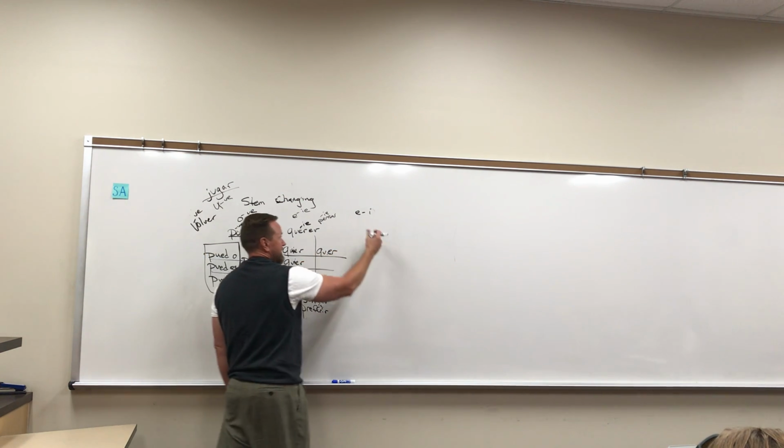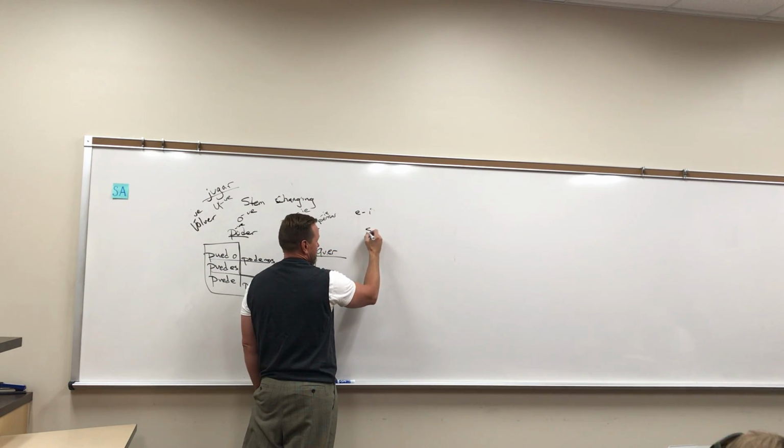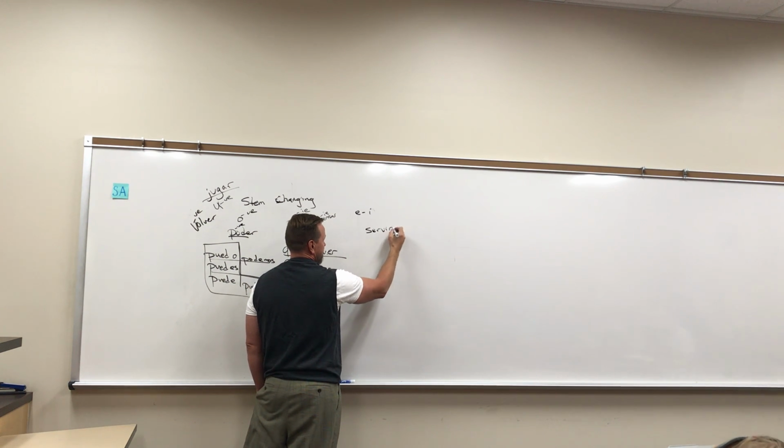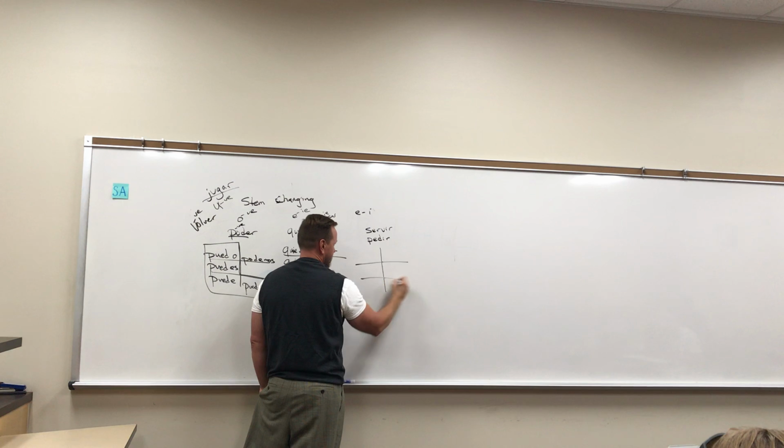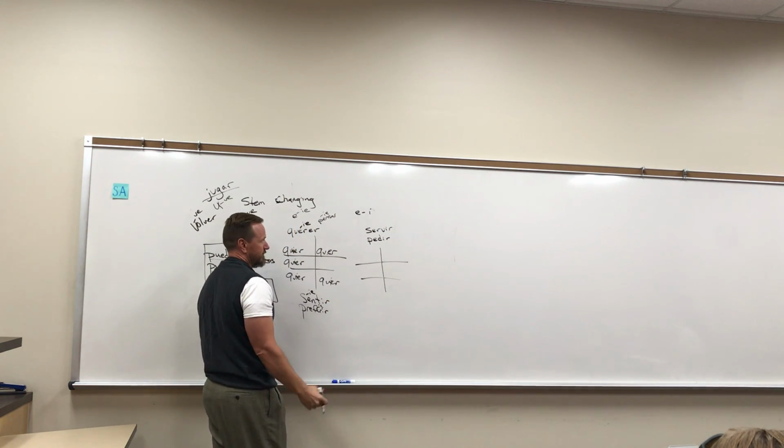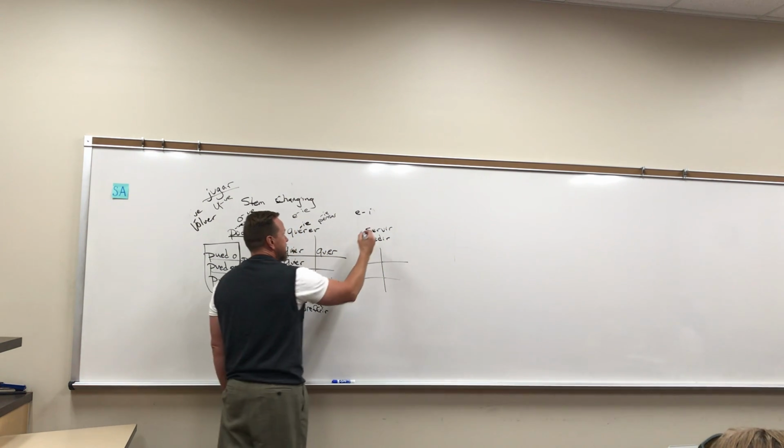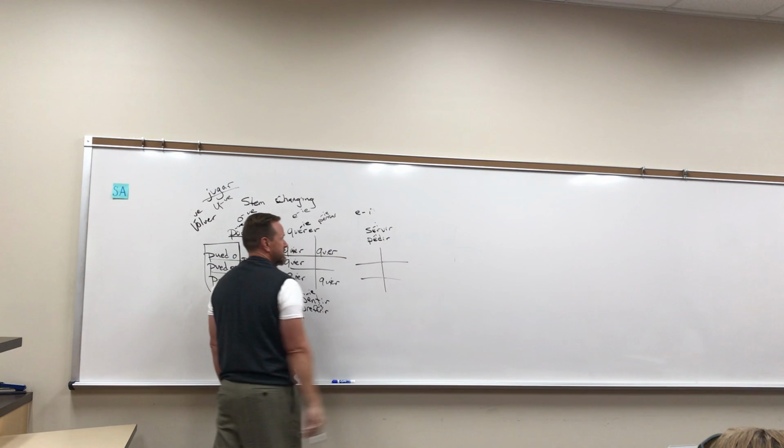Okay, the next one is an E to I stem changing verb, and there's really two main ones, the verb servir and the verb pedir. Servir, to serve, pedir, to ask for or to order. These are E to I stem changing verbs.